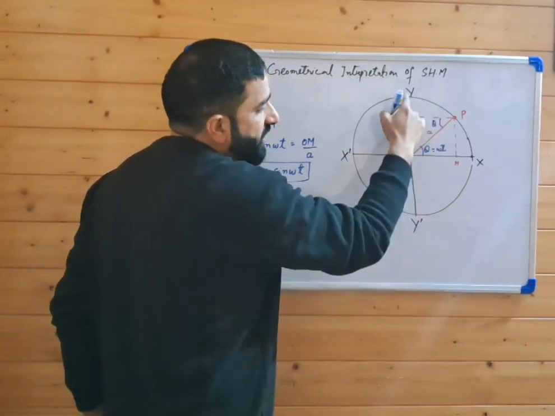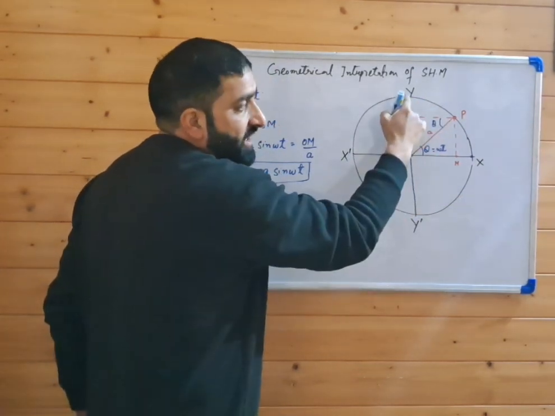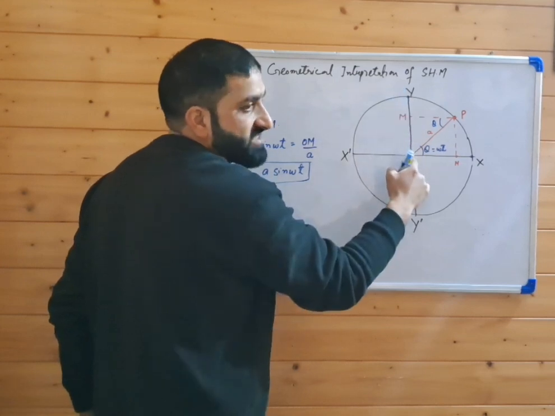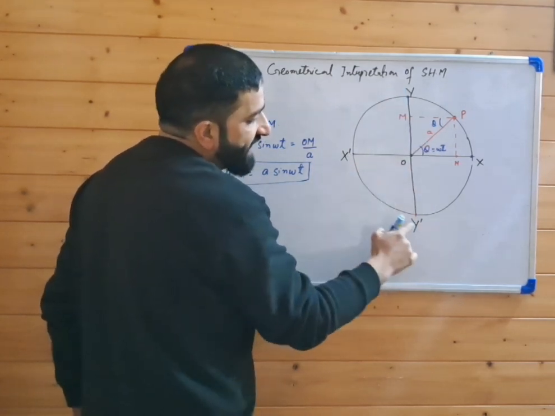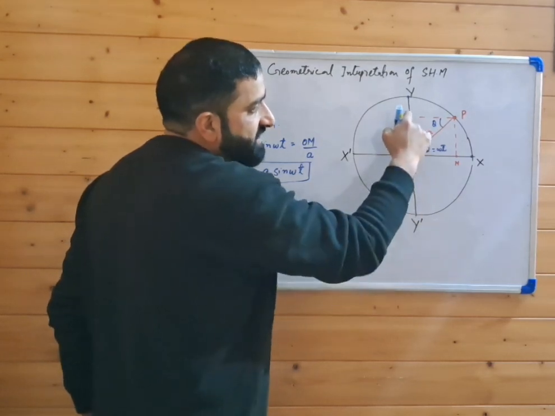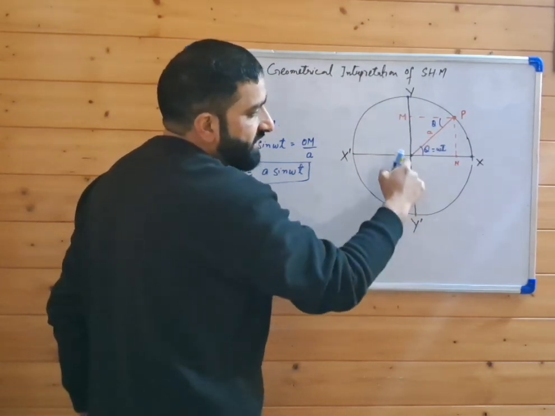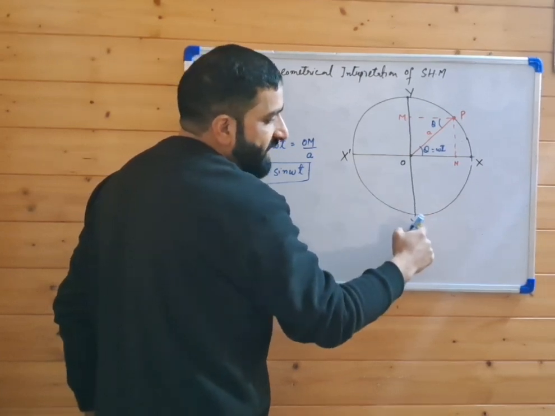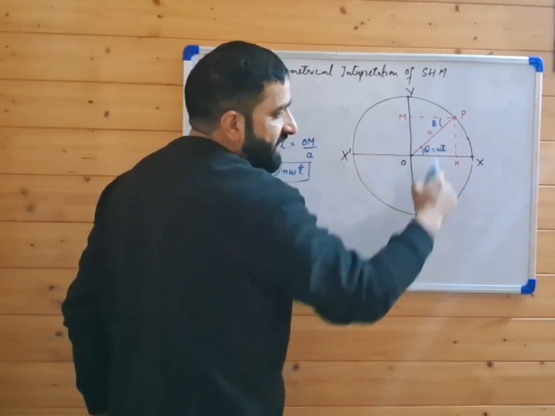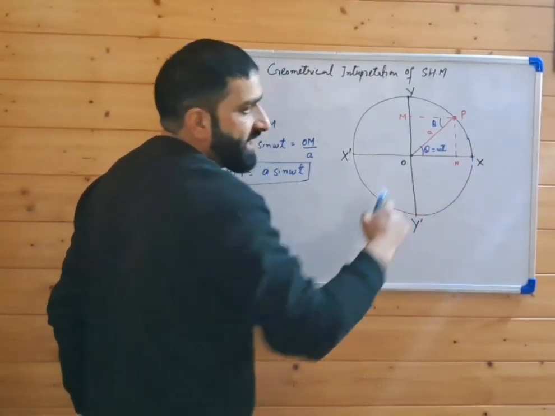When it goes from Y to X', the projection comes back to the 0 position. And now if the particle goes from X' to Y', that means the projection on this vertical diameter goes from 0 to maximum. Then when it goes from Y' to X, the projection again comes back to 0.